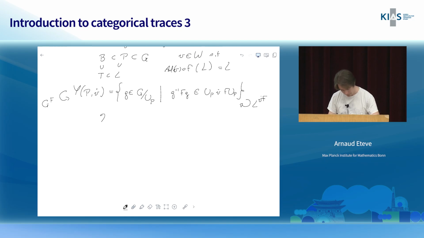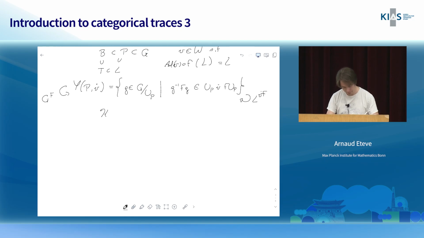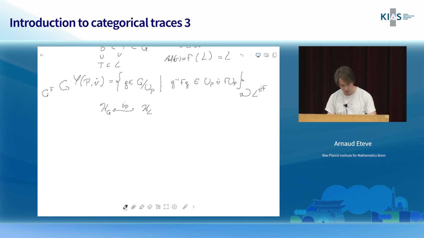So what you have is the Hecke category for G, and the Hecke category for the Levi, and you have an inclusion here, which is going to depend on the parabolic.